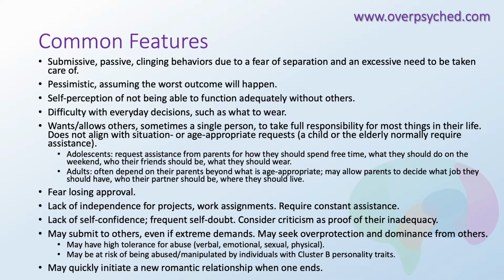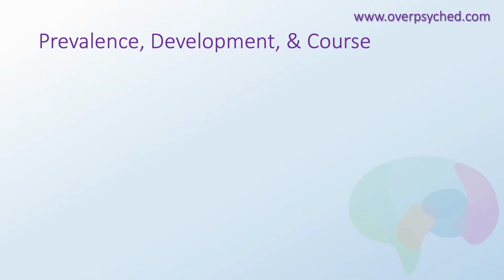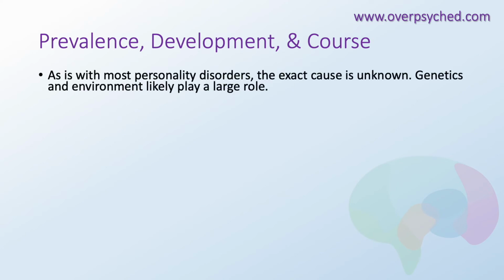Now let's discuss the prevalence, development, and course. As with most personality disorders, the exact cause of dependent personality disorder is unknown. However, genetics and environment likely play a large role.